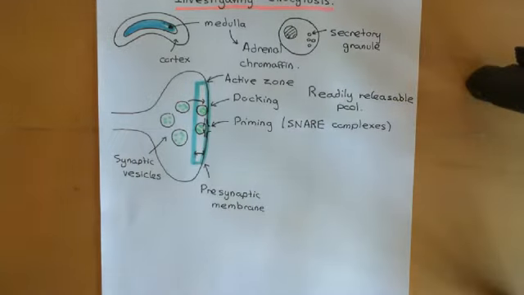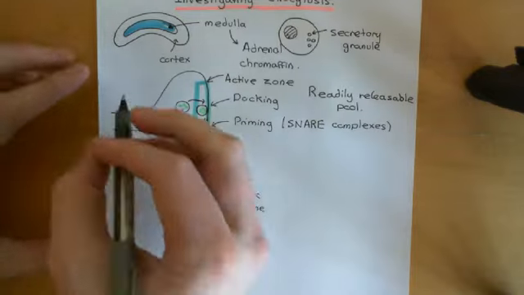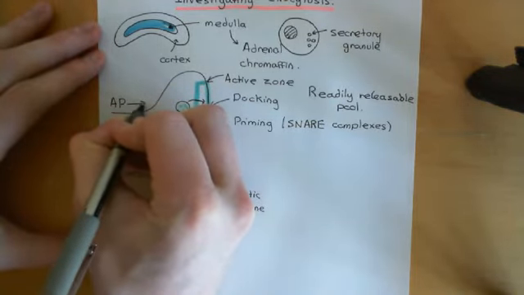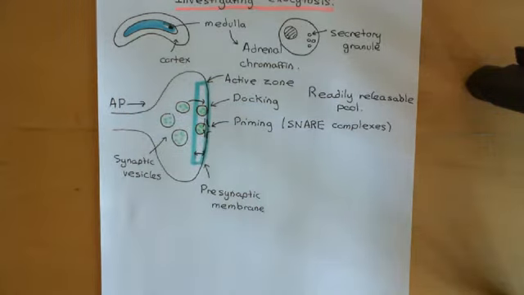Okay, right. So now what's going to happen is when an action potential propagates along the axon, so here comes an action potential, an AP, it's going to make its way into the axon terminal, and now it's going to cause the fusion of the primed synaptic vesicles with the plasma membrane. Now, how does this occur?